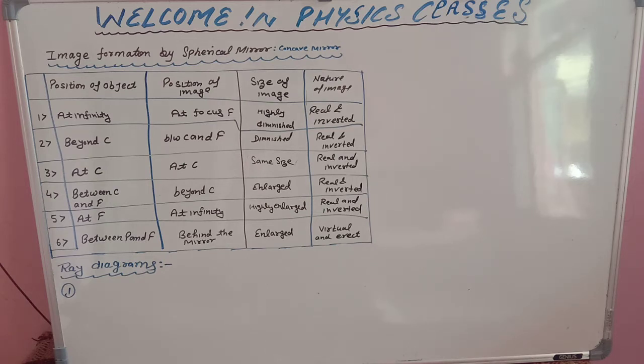So obviously your answer will be enlarged. Or they may ask about the nature of the image. Get it? So you have to make yourself ready for each and every type of question. Okay, so now it's the turn for ray diagrams, that how to draw ray diagrams.